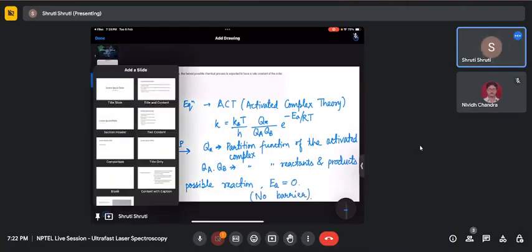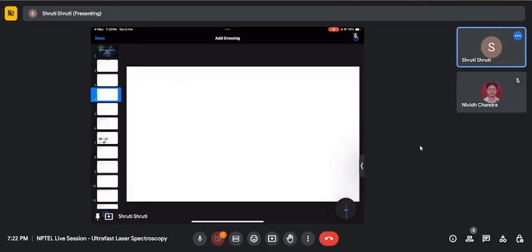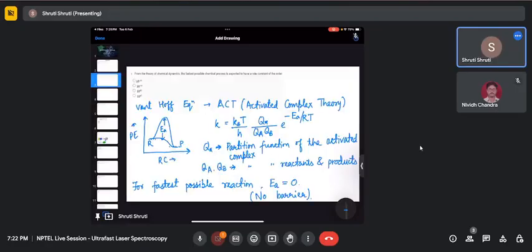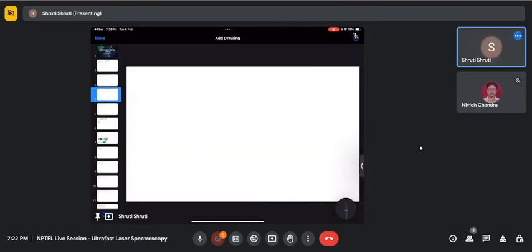But in that case, it cannot be called K max, right? Because if temperature increases, then it won't be 6.2. Let me write this as K max at 300 K. But there is always a limit to the maximum temperature we can reach for doing any reaction.